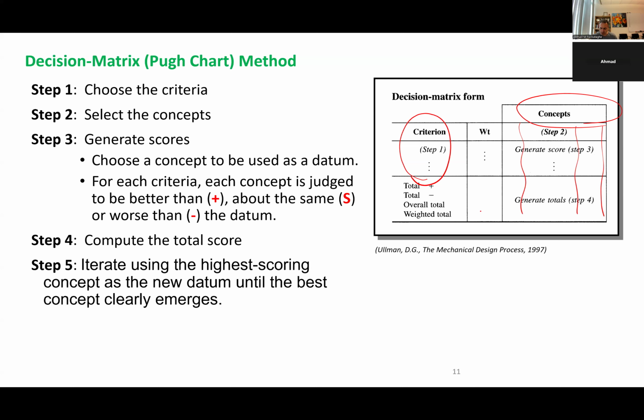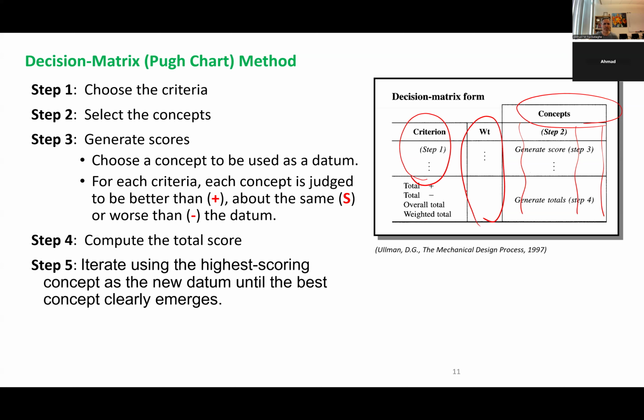Then you have to have some weight. Some of the criteria are more important for you than the rest. Perhaps cost is less important for you in a design compared with safety, or maybe weight is more important than cost. So you have to give some weight to each criterion.